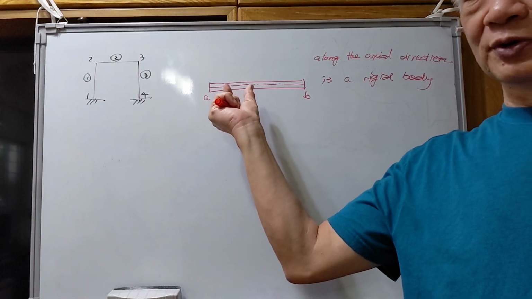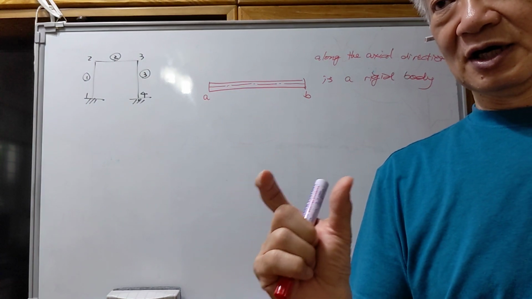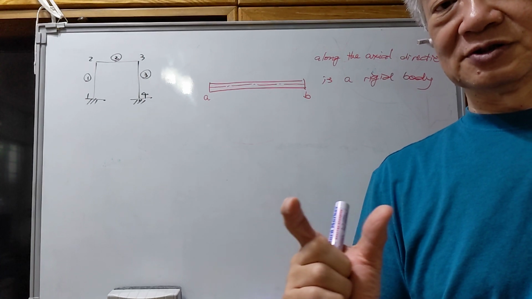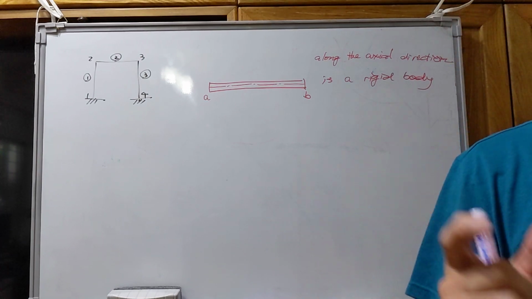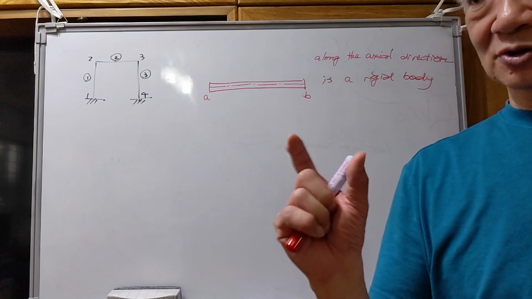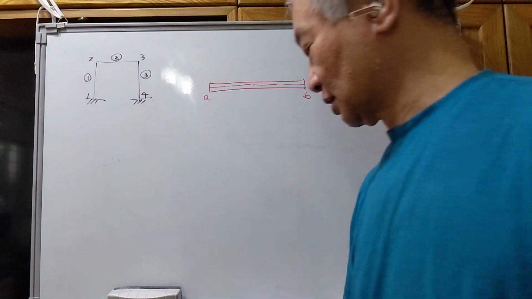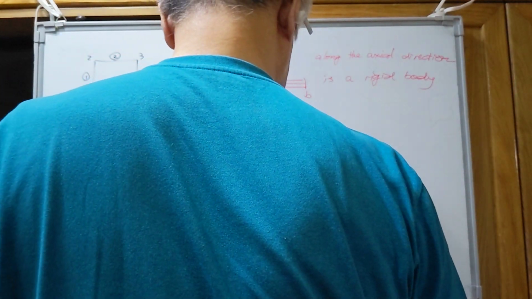For any two points along this member, the axial distance will always be the same, since we neglect the axial deformation of this element. So along the axial direction, it is a rigid body.